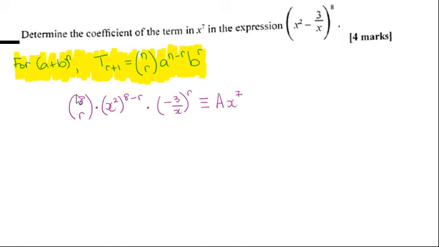So 8Cr would be a constant. If we knew what r was, r is a number. 8C, whatever number, is going to give us a constant. So we can ignore the 8Cr. We're going to need the x squared to the 8 minus r times, I'm going to ignore the negative 3 as well in the bracket, which means all I have to deal with for now is 1 over x.